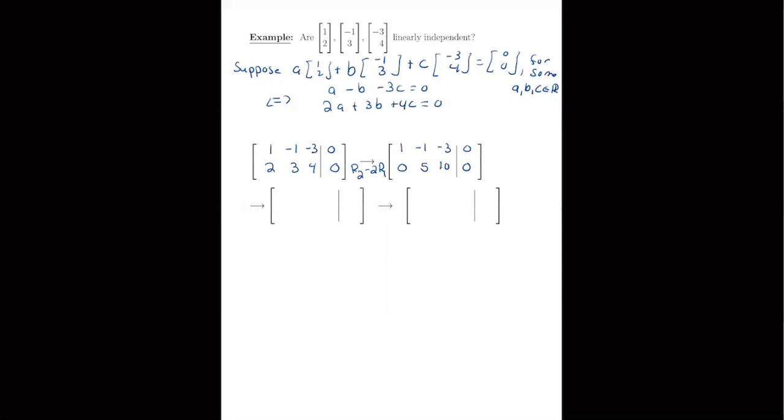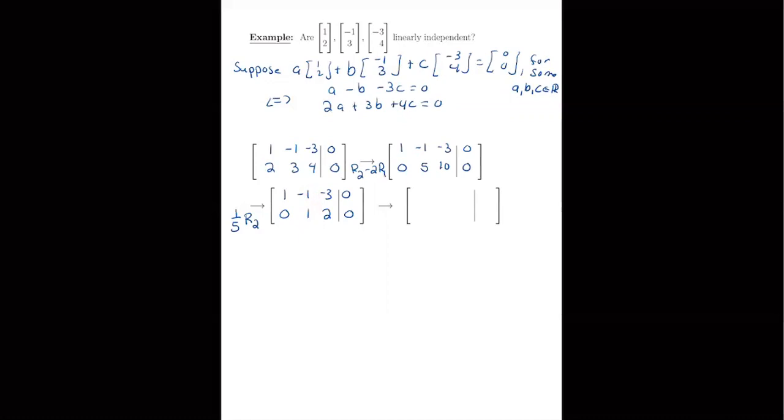Okay, so again, I'm going to go all the way to the reduced row echelon form. So here I'm going to take 1 over 5 row 2, and this gives me 1, -1, -3, 0; 0, 1, 2, 0. Now I have my leading 1. I'm going to use it to create zeros above.